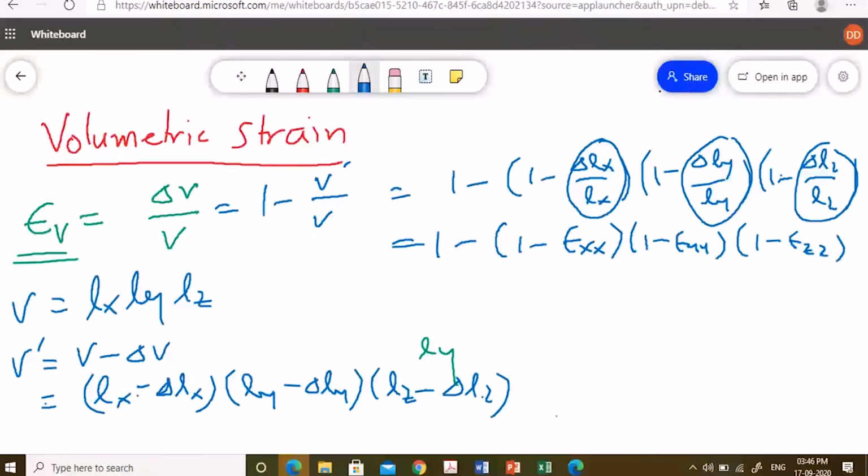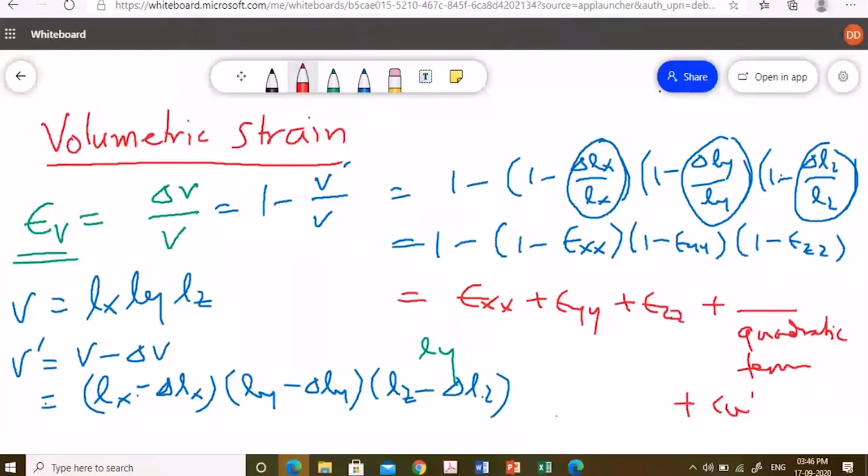Now if I expand that, it will come to epsilon xx plus epsilon yy plus epsilon zz, plus some quadratic terms, and plus one cubic term. The last term will be epsilon xx, epsilon yy, and epsilon zz. The quadratic term is epsilon xx into epsilon yy, something like that.